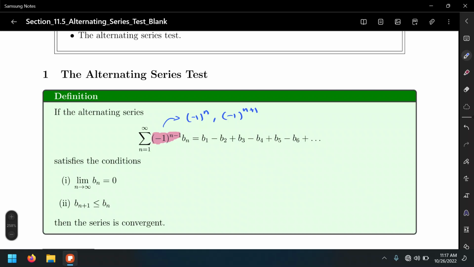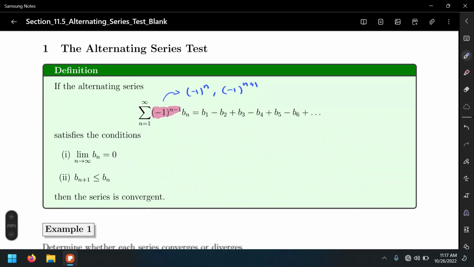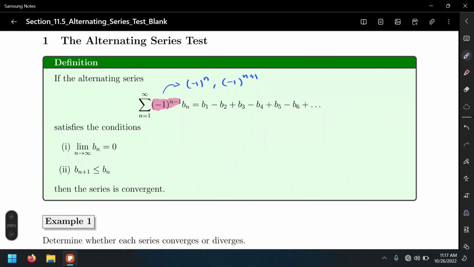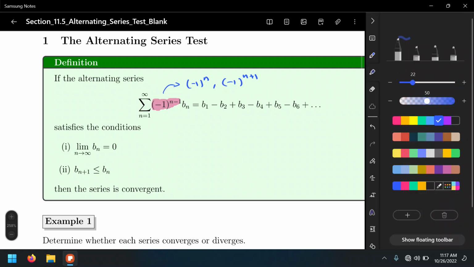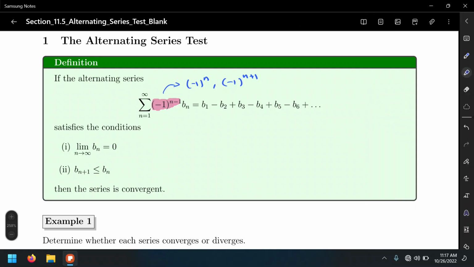In order for an alternating series to converge, it has to satisfy two conditions. We're going to focus on the b sub n, the sequence related to the infinite series without the alternating factor. Number 1, the limit of the sequence converges to 0.